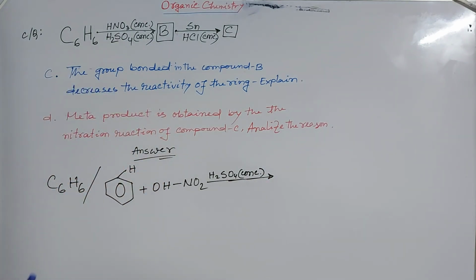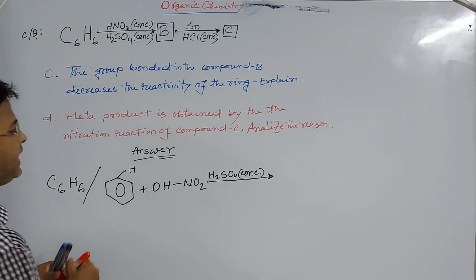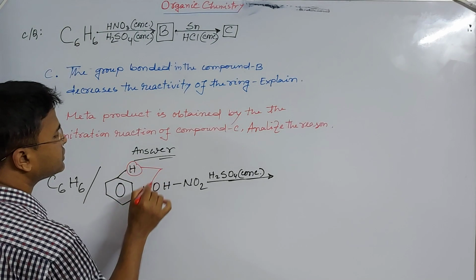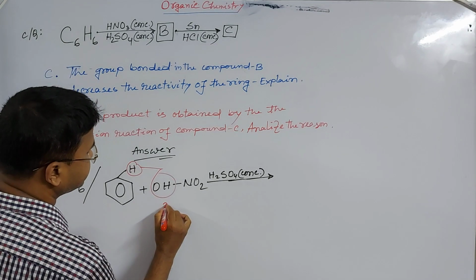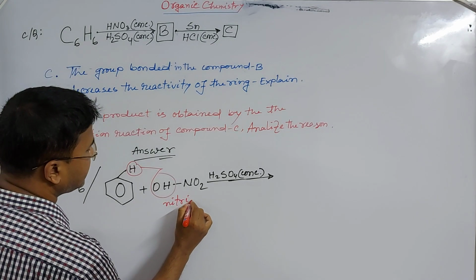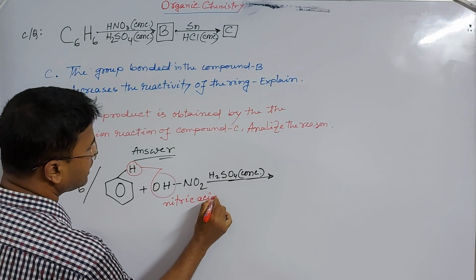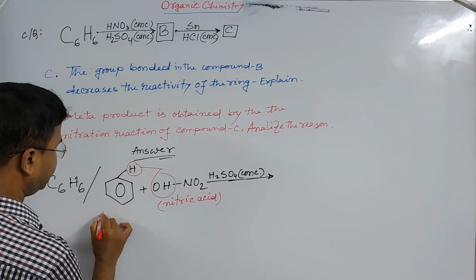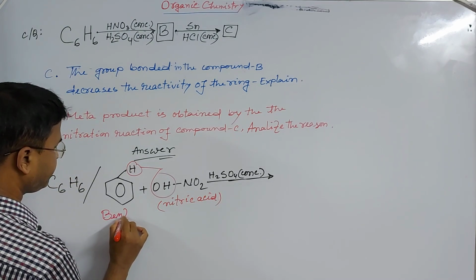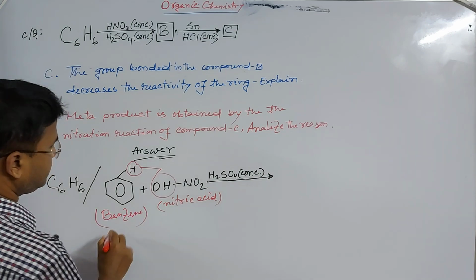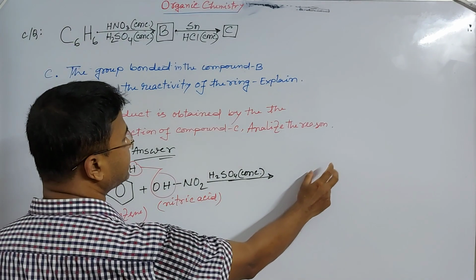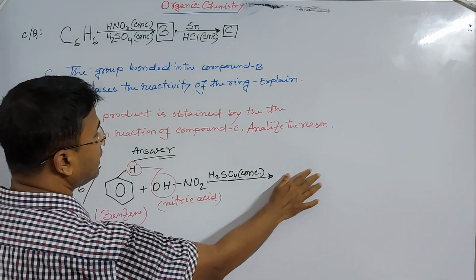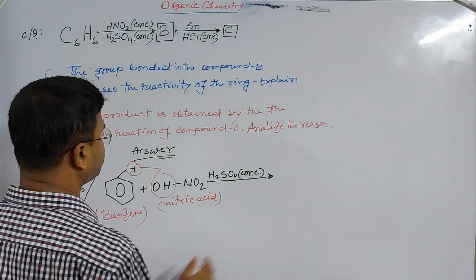You know that this hydrogen atom of benzene combines with OH group of nitric acid. This is nitric acid, and this is benzene, to produce water, but you need not write here any water as byproduct.